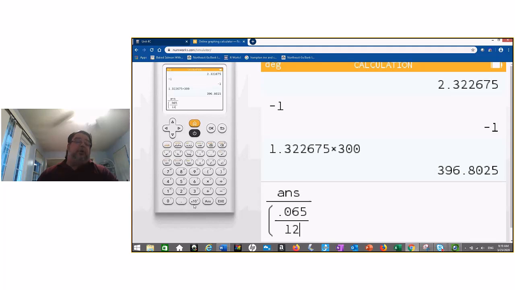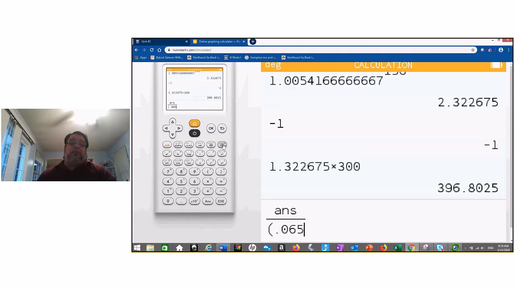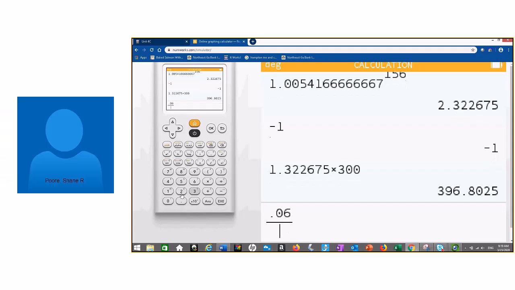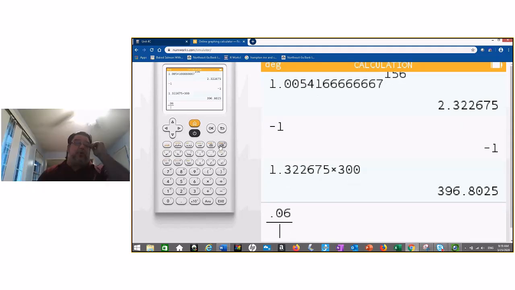I don't have an arrow. I don't have a space button. I don't think this thing's working very well.